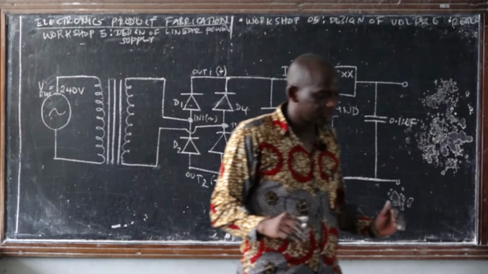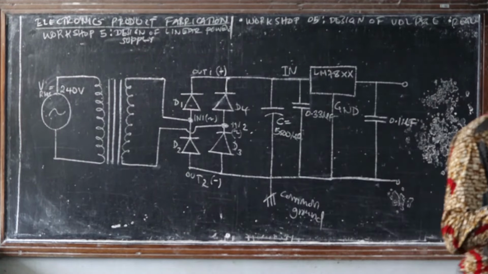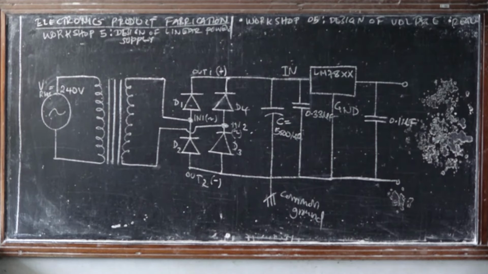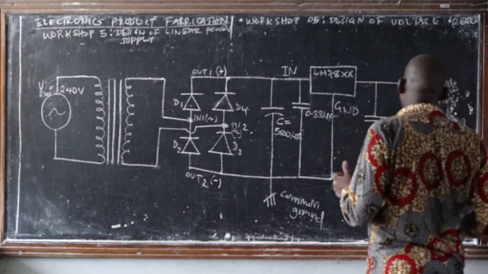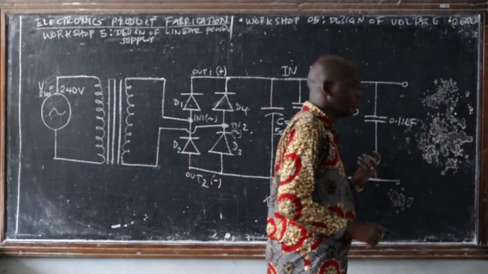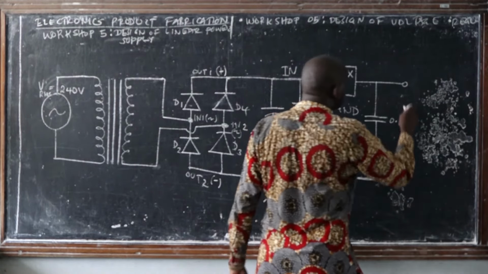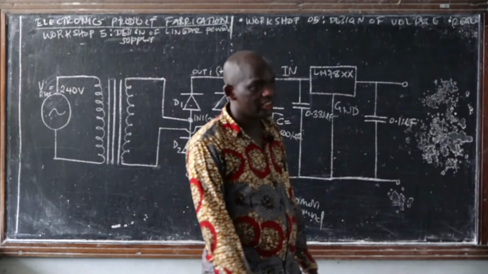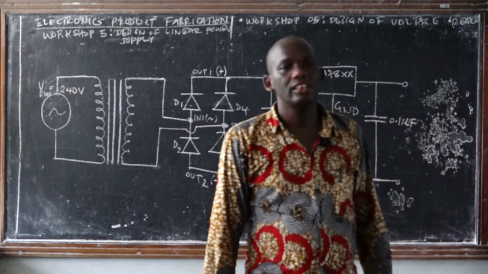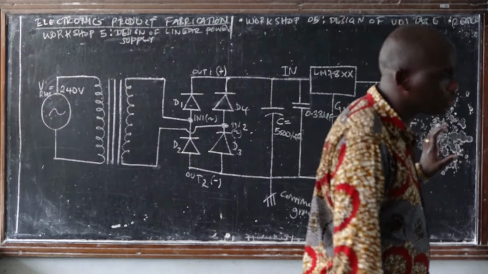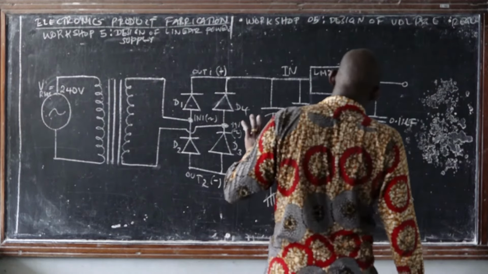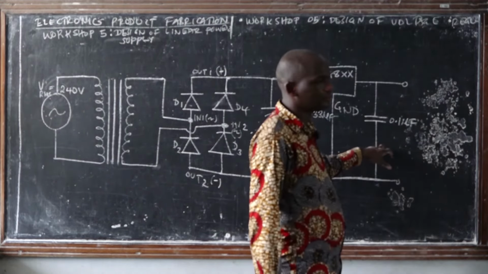So, in order to have assurance that our linear power supply is working, before we use it to power different parts, we always have a power indicator, whereby we connect a light emitting diode that will indicate that we now have the output voltage at the output terminal.